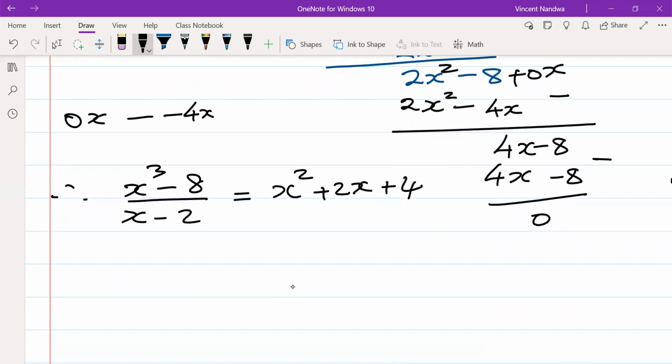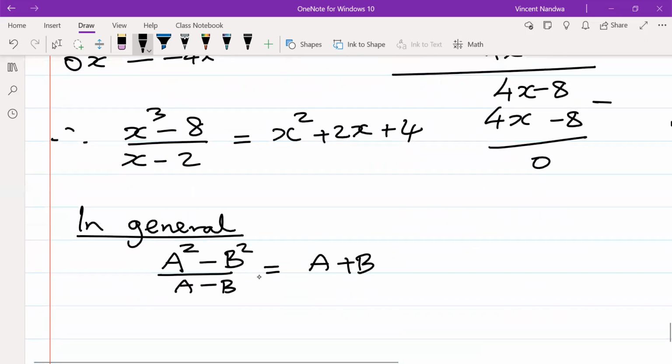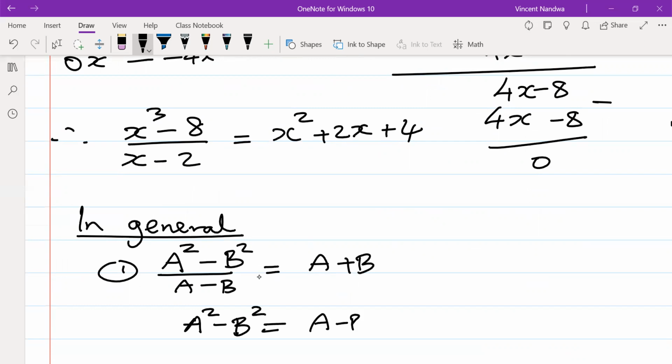Also, note that in general, a squared minus b squared over a minus b is a plus b, which you can write as a squared minus b squared is a minus b times a plus b. This is called a difference of two squares.